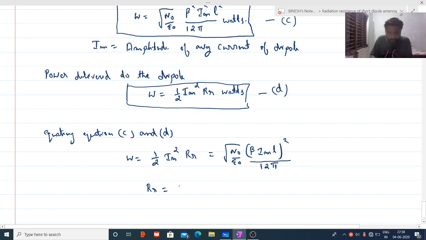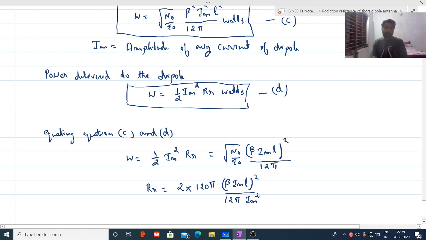RR is nothing but 2 into 120 pi, that is root of mu naught by epsilon naught, beta Im L whole square divided by 12 pi Im square.